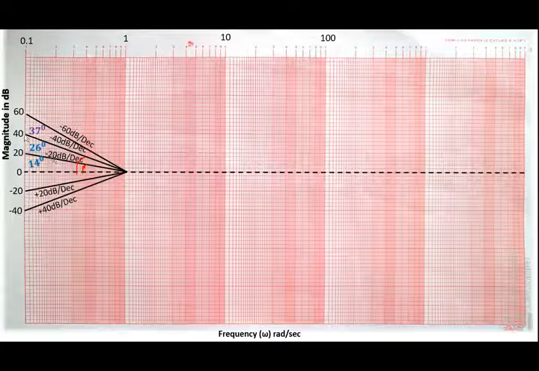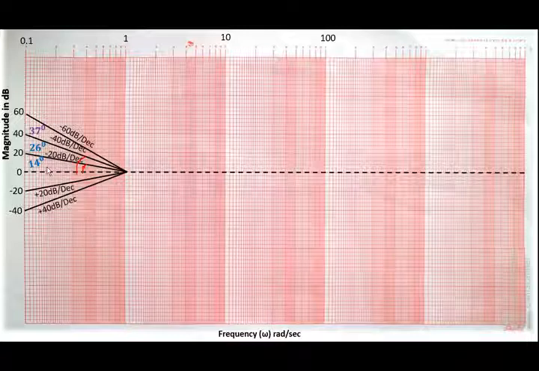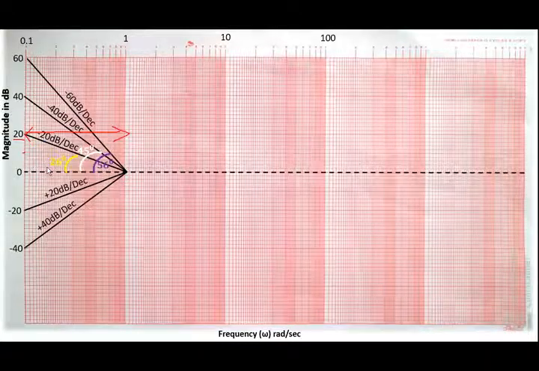So for minus 40 dB per decade slope, the angle will be 26 degree, and for minus 60 dB per decade, it is 37 degree. So these are the standard inclinations. We need to make use of these angles while plotting the Bode plot. You need to remember both the cases, 5 divisions equal to 20 dB as well as 10 divisions equal to 20 dB. So these are the standard inclinations.